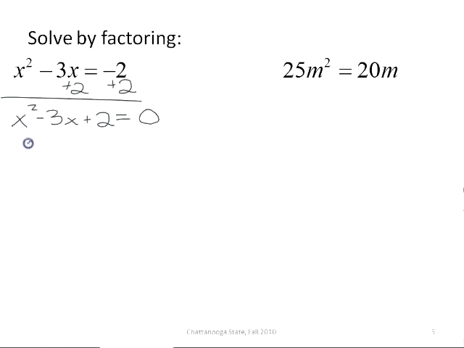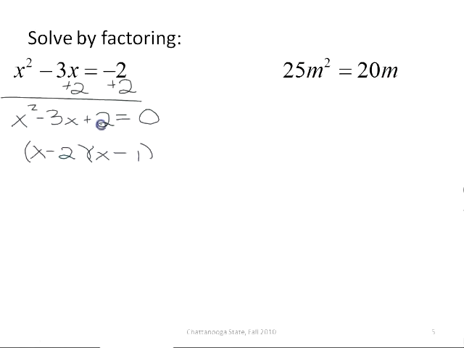This is a trinomial. So I factor this by putting the x in the first part of each parentheses. Then I want to look for numbers that multiply together to give me 2 and add together to give me the negative 3. So that's going to be a negative 2 and a negative 1.